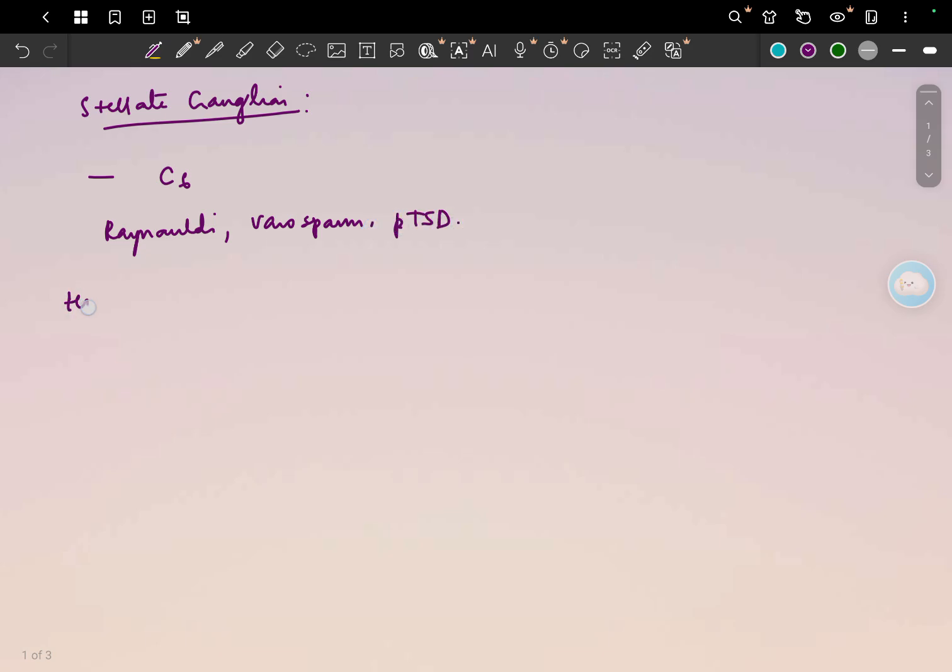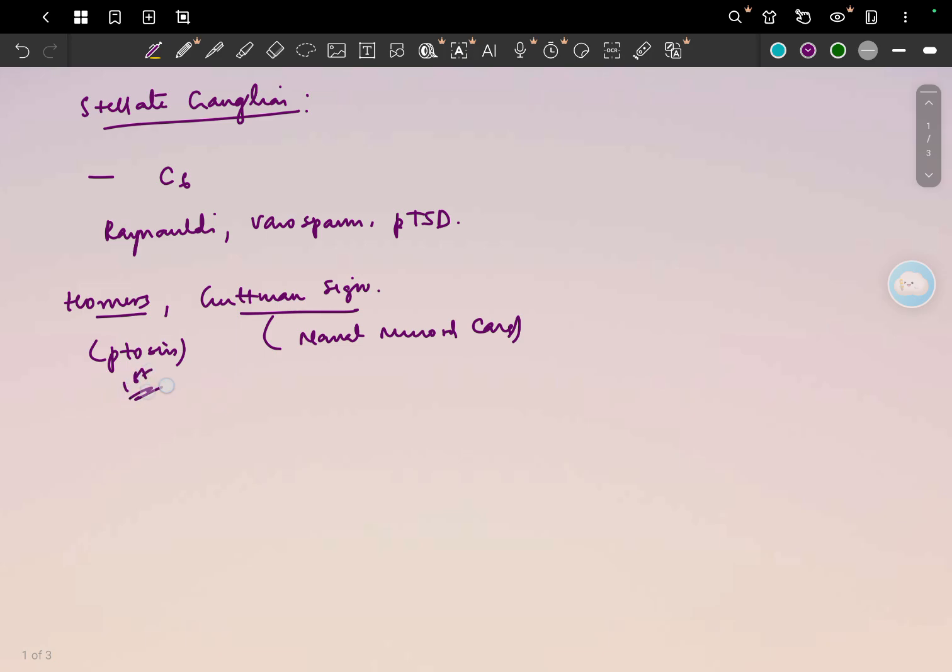The signs will be Horner sign, and then we have Guttmann sign. In Guttmann sign, we will see nasal mucosa congestion. In Horner's, we'll be seeing ptosis, as we know, and this is seen first in Horner's. Generally, the stellate ganglion gives sympathetic supply to the head and neck. So this is about stellate ganglion.